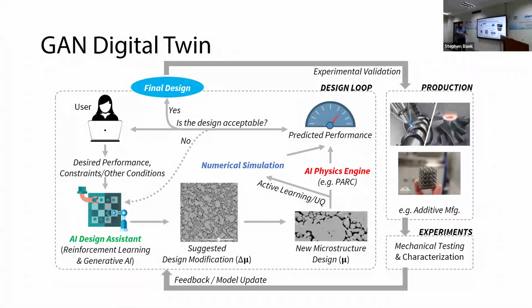This is really the holy grail of how it's used in material science, obviously, but we can also replace many of these with other specific design problems. If you're interested in designing a humanoid robot, then the design can be generated by something like GAN, and the predicted performance is going to be something other than material properties.